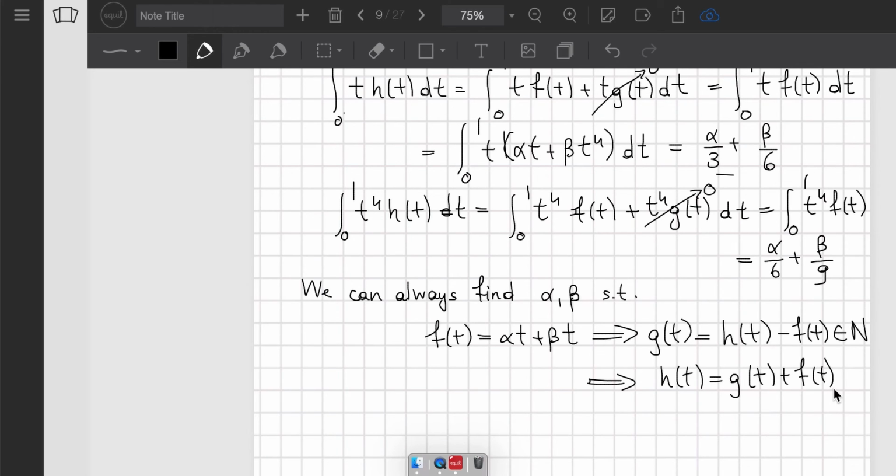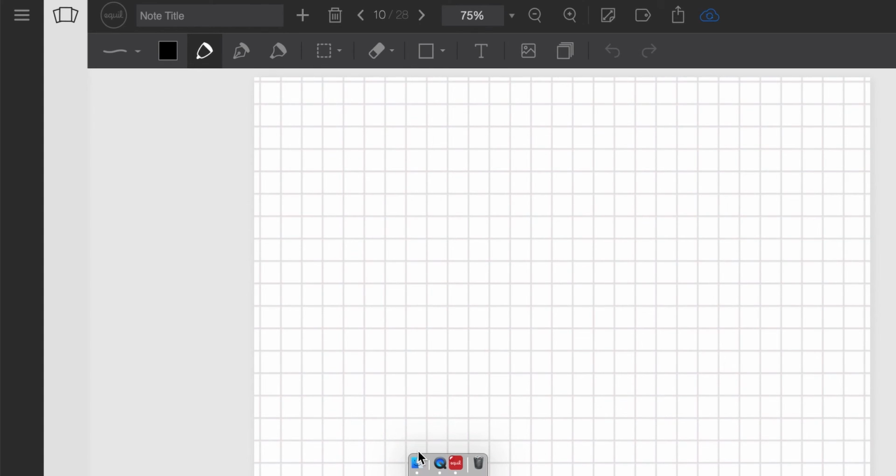Okay, so let's see how we can put this into practice, right? Say h(t) is equal to t squared. Then we want to find alpha and beta, right? If we find alpha and beta, we find f. If we find f, we find g, and we're done.